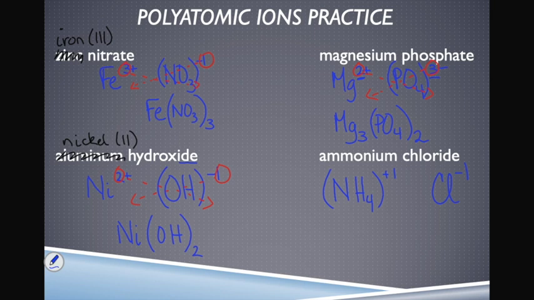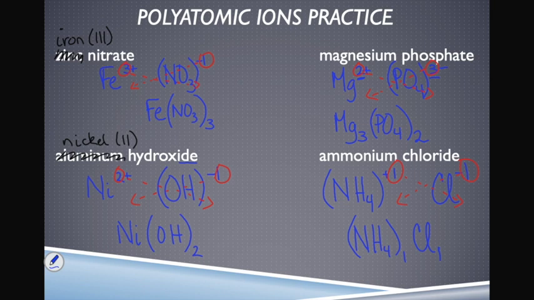So again, cross and drop. Now we can see here, NH4, I've put in brackets, there's 1, Cl, there's 1. Remember how we don't write ones, so I'm going to change this formula and make it more accurate.